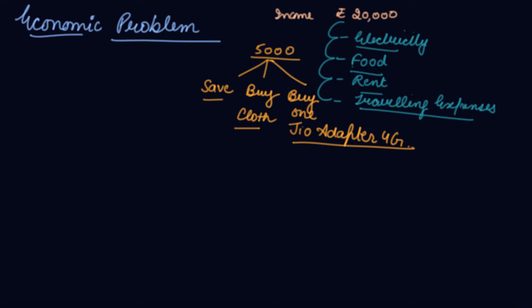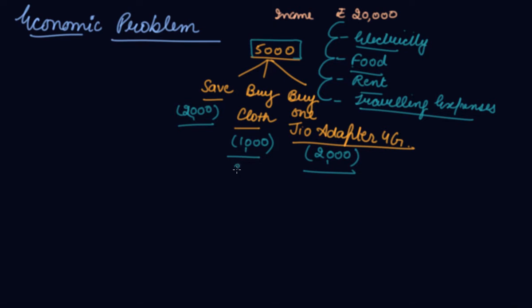That depends on how you will be satisfied with it. Like you can save 1,000. You can buy clothes for 1,000. You can save 2,000. You can buy a Geo adapter worth rupees 2,000. Right? So this is how you have allocated your 5,000. But see, within 5,000 you can buy only a cloth of rupees 1,000.